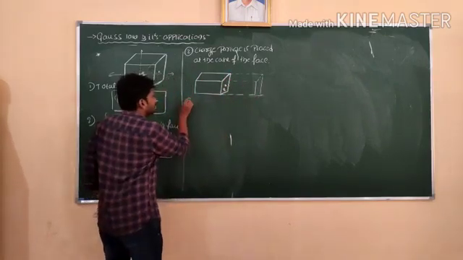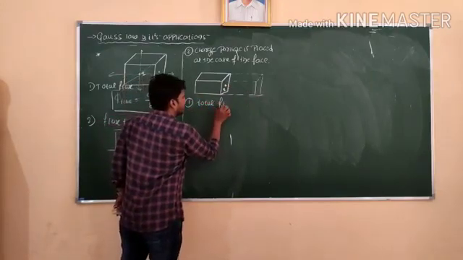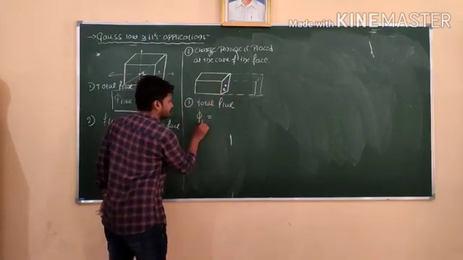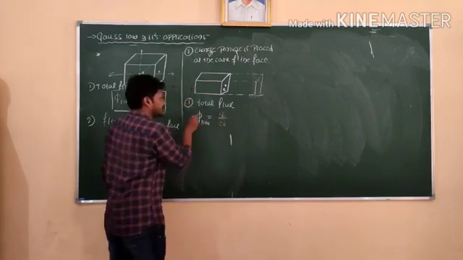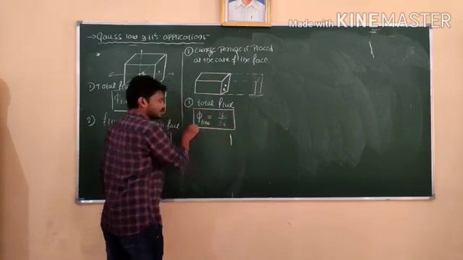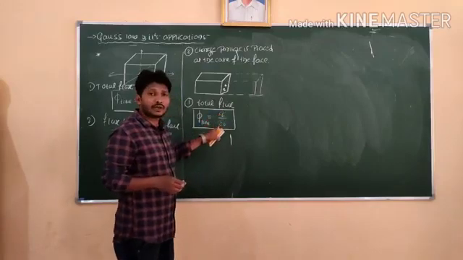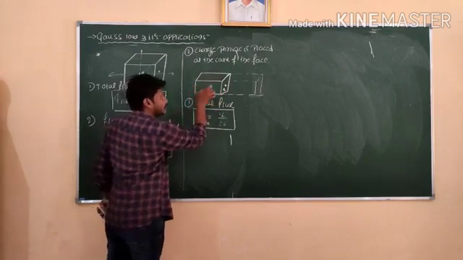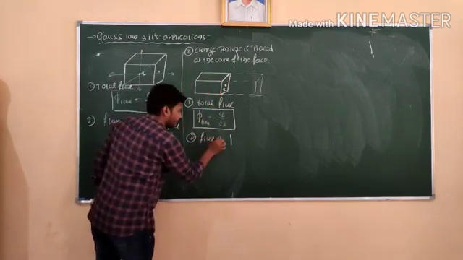Then the total flux value will remain the same. The total flux phi total is equal to Q by epsilon naught here. Now the flux through the given cube.